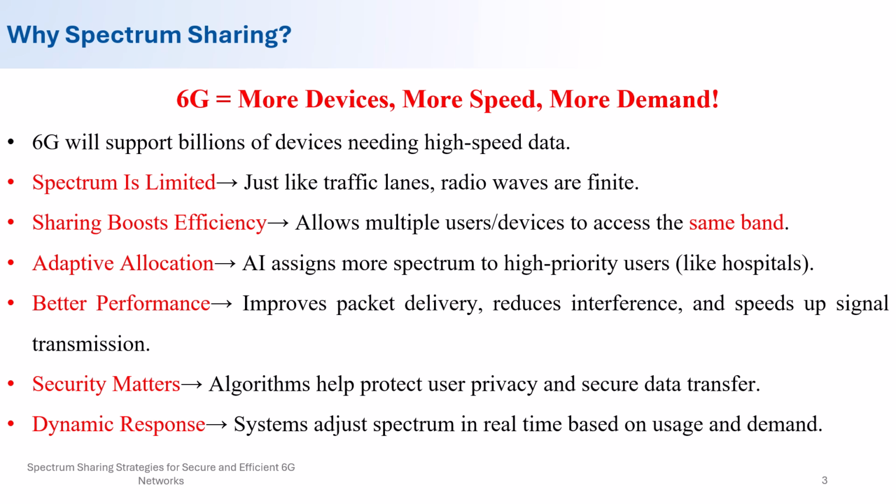Spectrum sharing improves efficiency by allowing different users and networks to access the same frequency bands. AI-based methods also make it possible to prioritize important users like hospitals during emergencies, ensuring fairness and faster service.